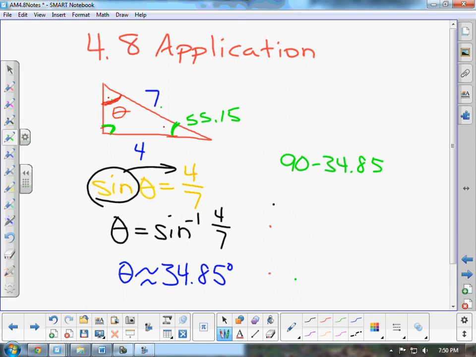Then you may even have to find this third side, which you can do with the Pythagorean theorem: 7 squared equals 4 squared plus x squared, where that's x. You'll be doing that with many, many problems in this section.